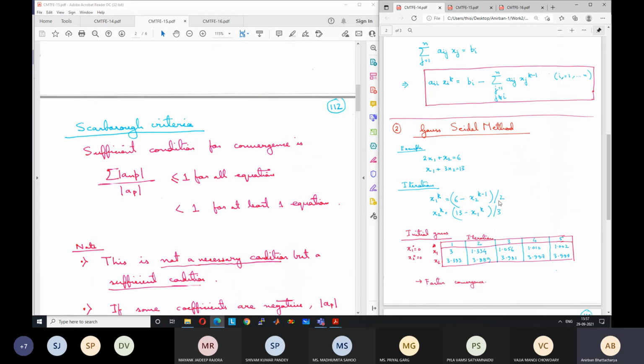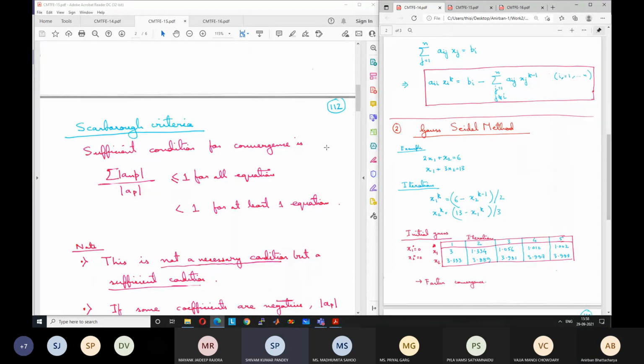Okay. So here, what is the value of AP and what is the value of summation of A and B? For the first equation. So AP will be 2 and ANP will be minus 2.